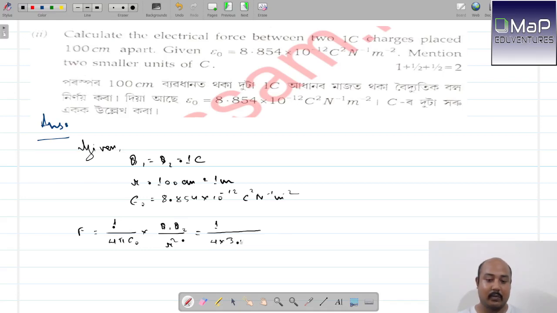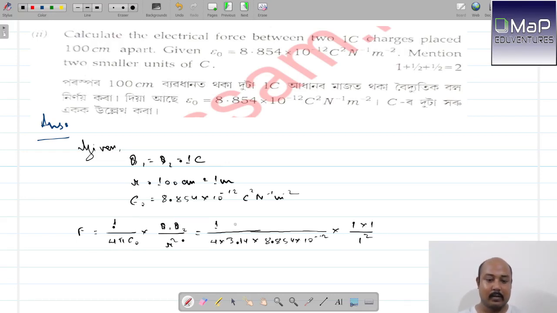If I calculate with 3.14, then 3.14 into 8.854 into 10 to the power minus 12, into q1 is 1, q2 is 1, and r is also equal to 1 square.